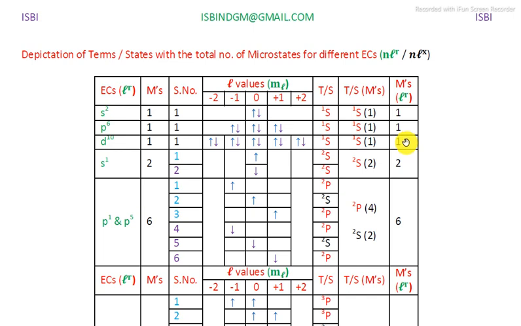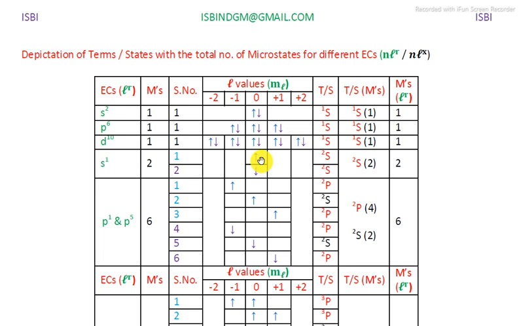Let us go for the s1 electronic configuration. Number of microstates 2, serial number 1 and 2. In the first microstate, the 1 electron is with positive spin. In the second microstate, the 1 electron is with negative spin.